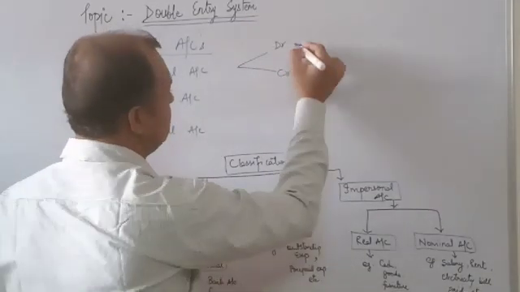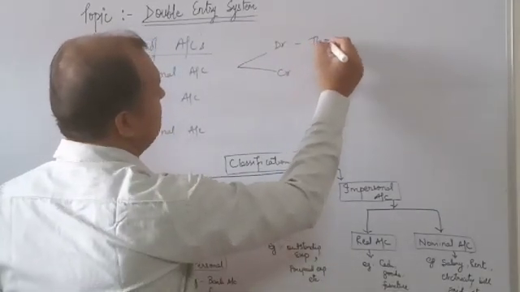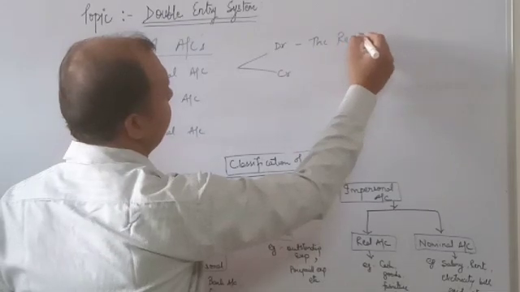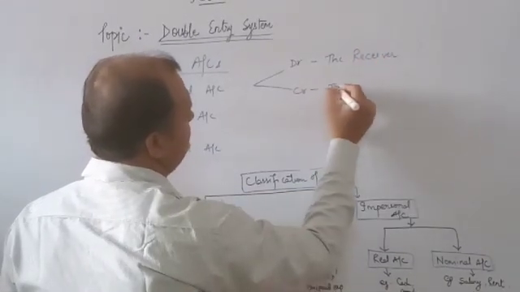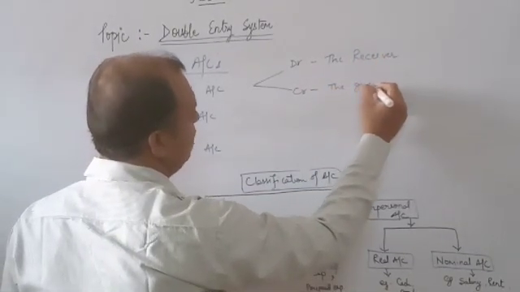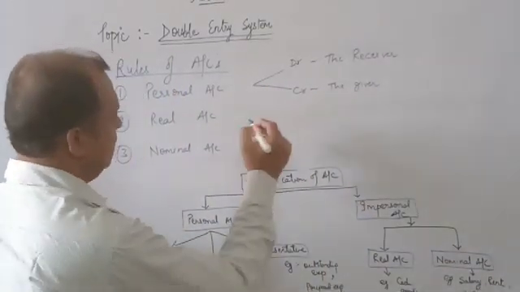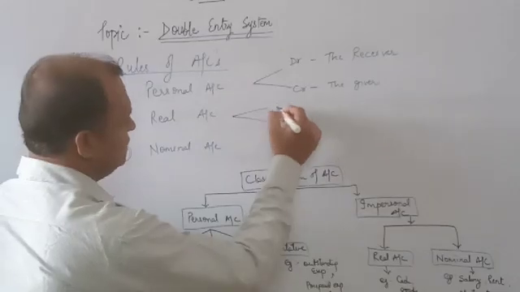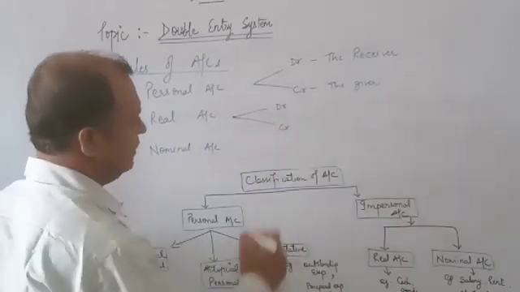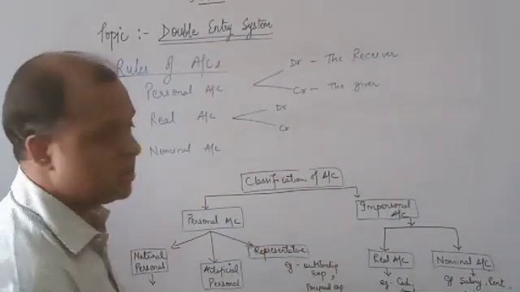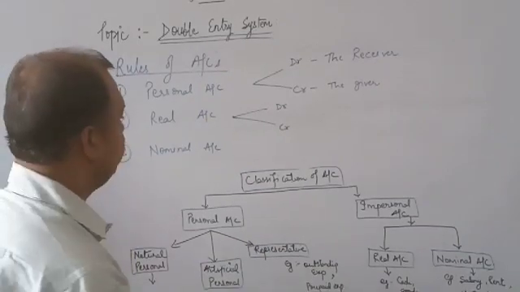Debit rule says debit the receiver, credit the giver. How it will be applied, this we will discuss in the next lecture. Rule of real account says again debit and credit, since we are following the concept of double entry system.